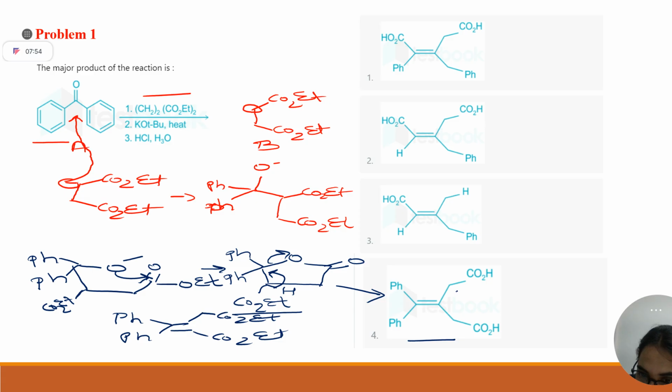But here both positions are having CH2, so one correction is needed. Actually, the problem is in the option only. So this will not be CH2; it will be CO2H directly. I hope this problem is clear.